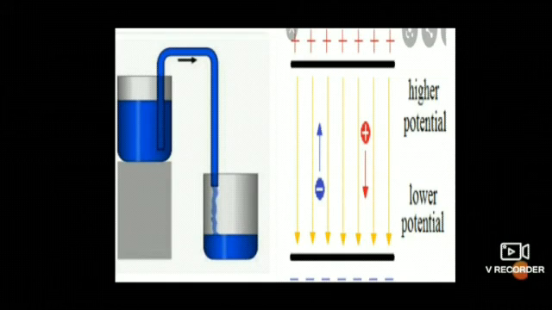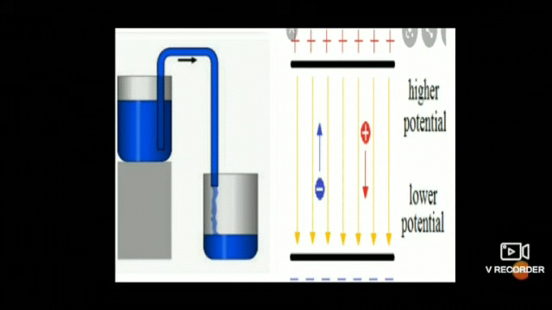Potential. There is a tendency of the positive charge to flow from a point of higher electric level to a point of lower electric level. This electric level deciding the direction of flow of electric charges is called electrostatic potential.